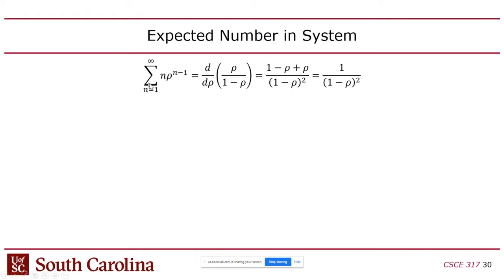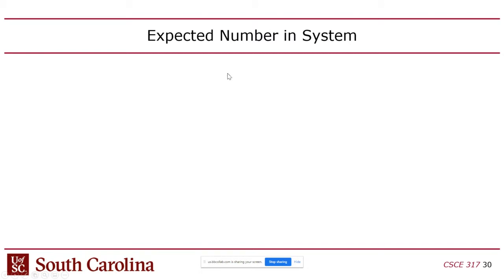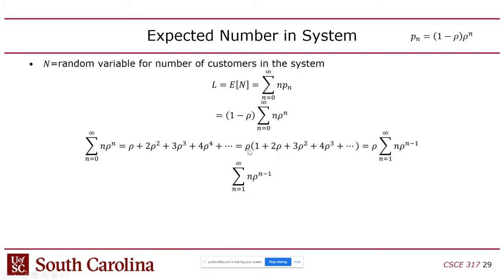I got rid of this infinite summation by doing basically 3 tricks, right? The first trick was factor out rho from the first summation, which was pretty straightforward. This was a weighted average. From the weighted average, I expanded it out and factored out rho.